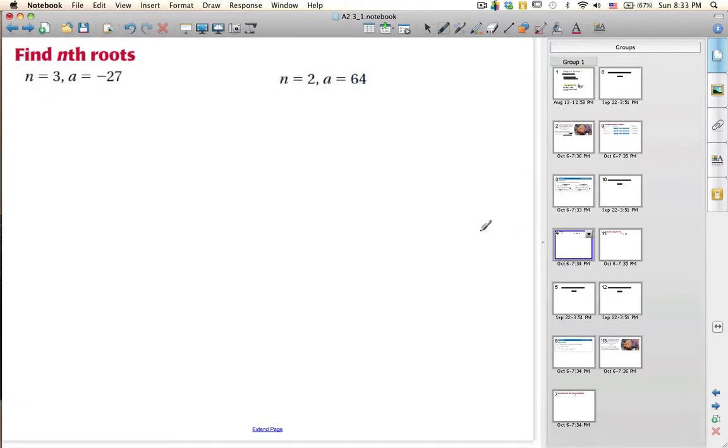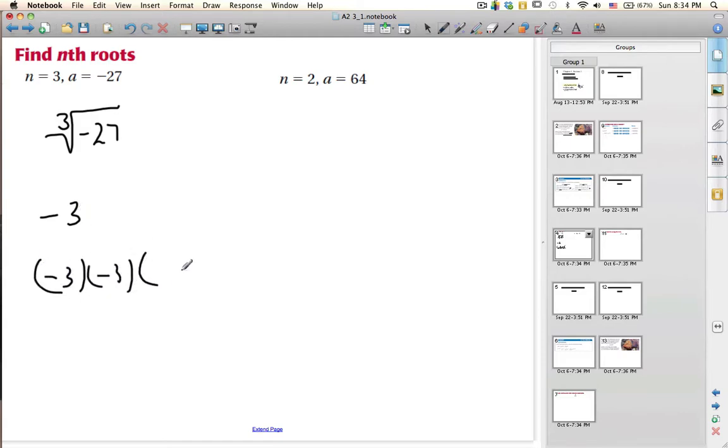If I want to find nth roots, my index is 3. I'm looking for the cube root of negative 27. I have an odd index and a negative number, so I'm going to have a negative result. And the cube root of 27 is 3. So this would be negative 3. And the reason for that is negative 3 times negative 3 times negative 3.